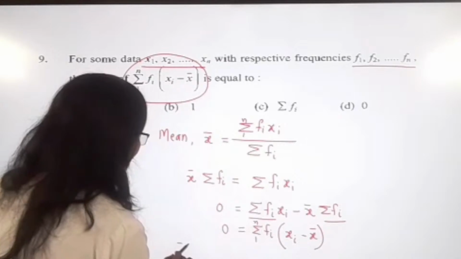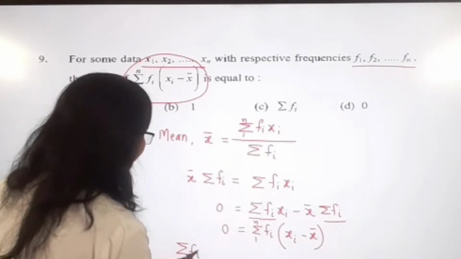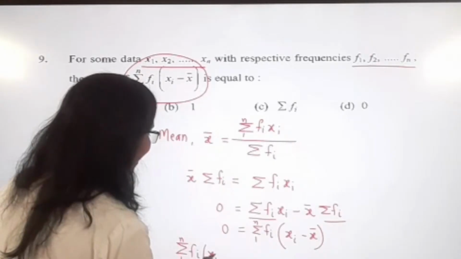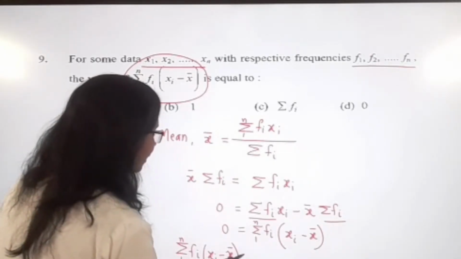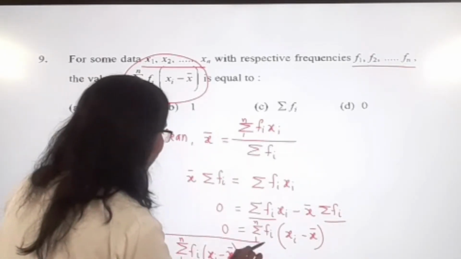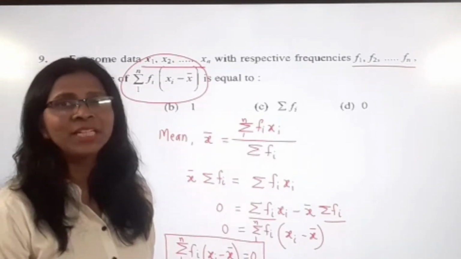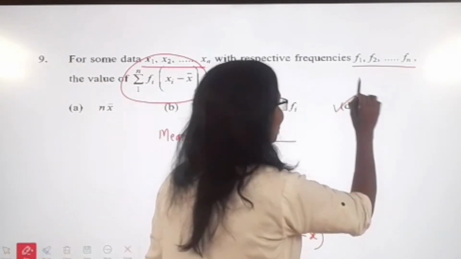By changing the side, summation over 1 to n fi (xi minus x bar) is equal to 0. So our final answer is 0, and the correct option is D, 0.